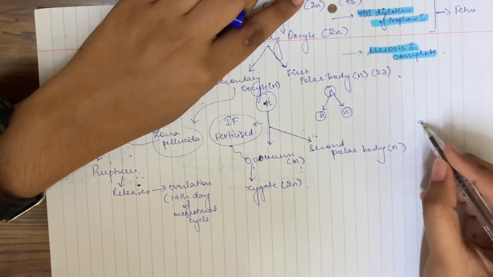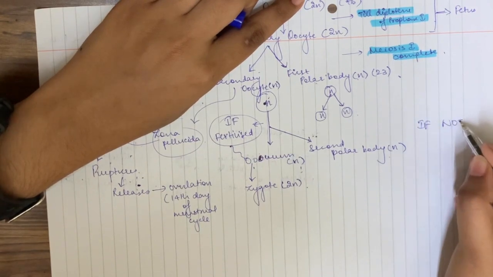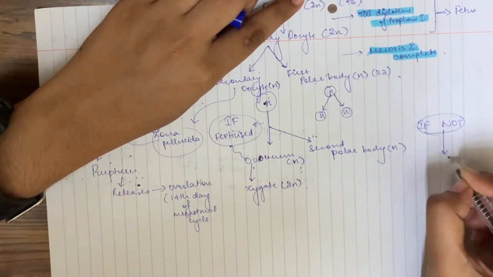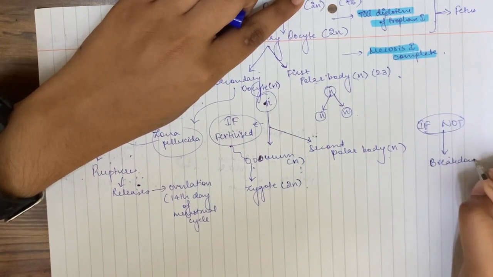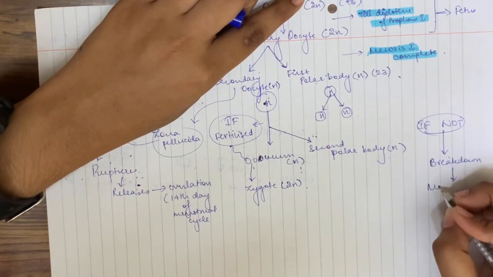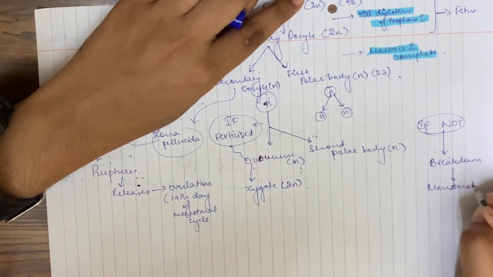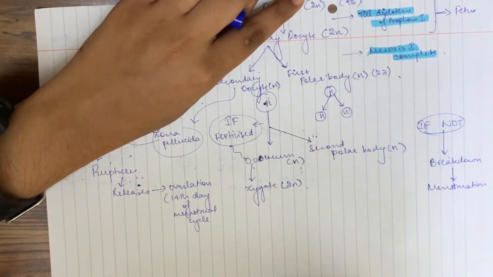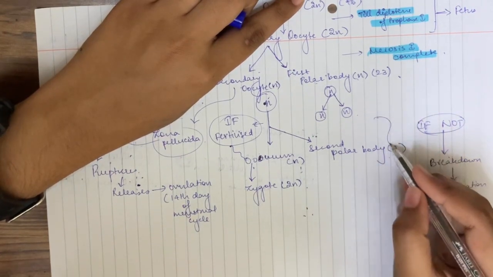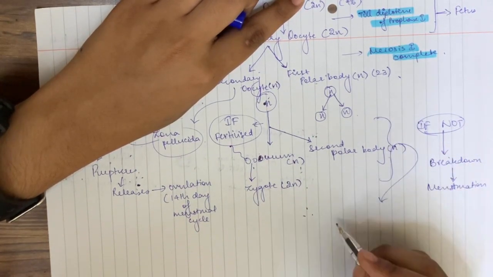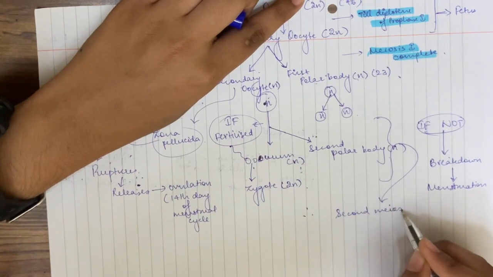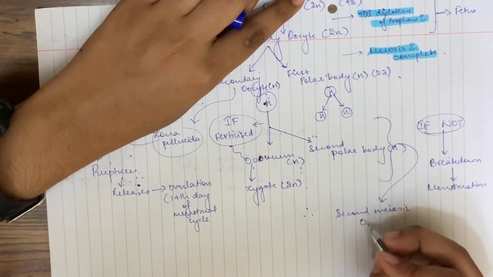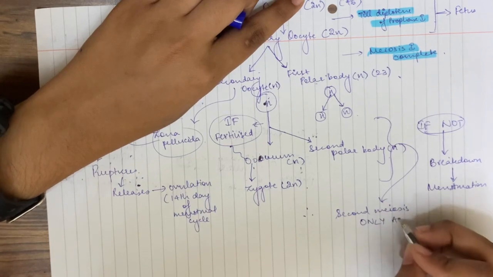And now if this fertilization process does not take place, this ovum is released through the blood by the process of menstruation, which includes the breakdown of the endometrium. The endometrium is the inner lining of the uterus. So here we realize that the initial meiotic division 1 stops before birth, continues, and the second meiotic division only takes place if the secondary oocyte is fertilized.